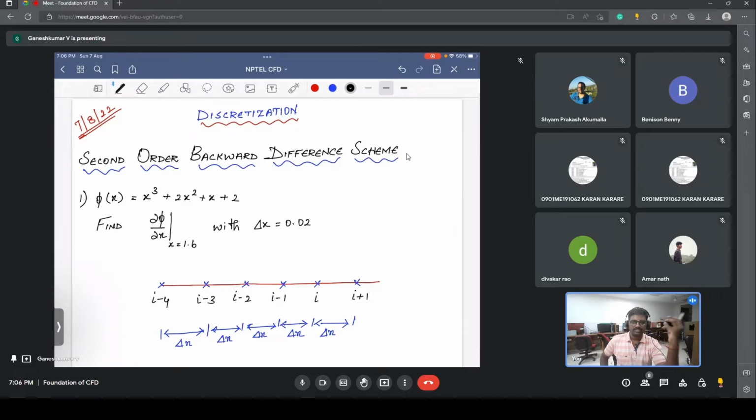What discretization actually means is that you are trying to approximate a derivative, a first derivative, based on the function values.